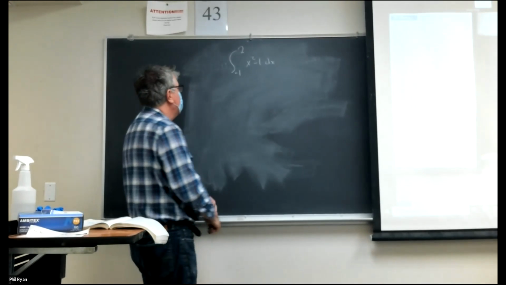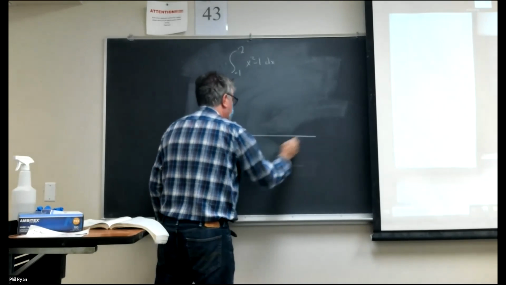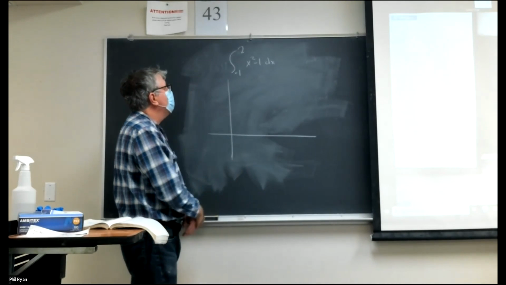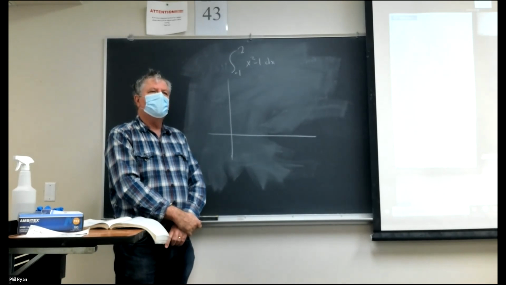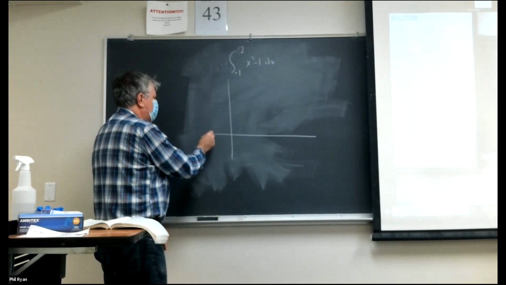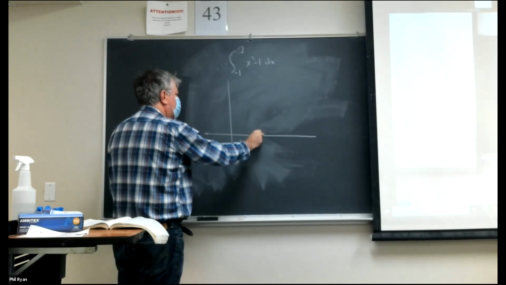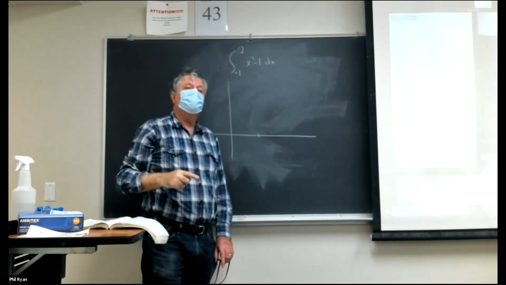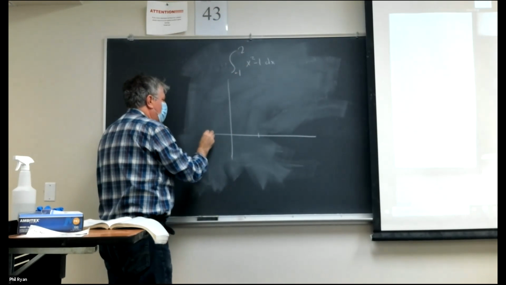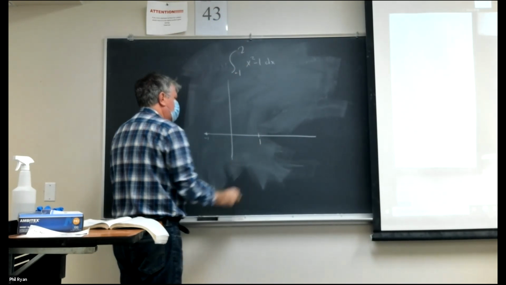Okay. So let's draw and see what it looks like. So x squared minus 1 is a parabola. And let's have a look. It is smiling because that is positive. Its roots are -1 and 1.